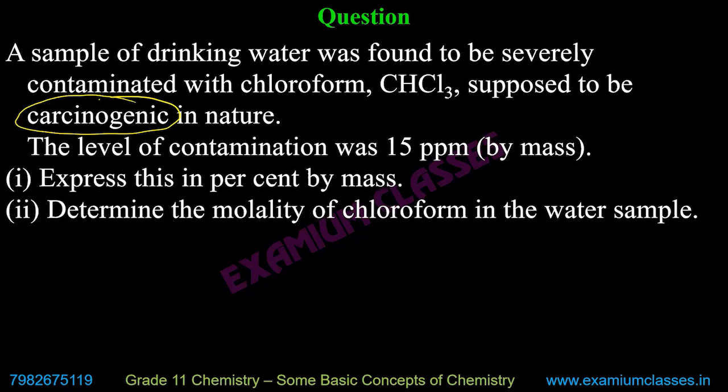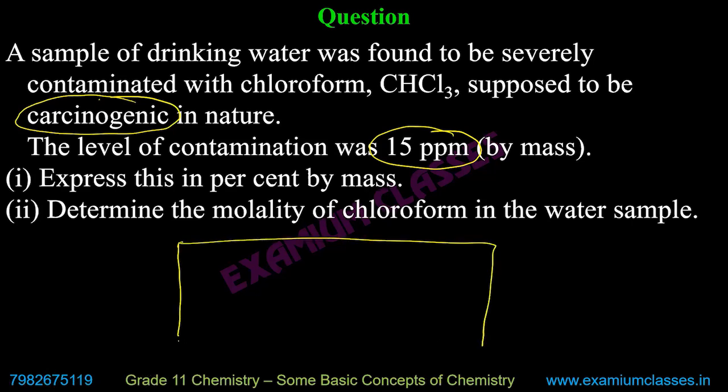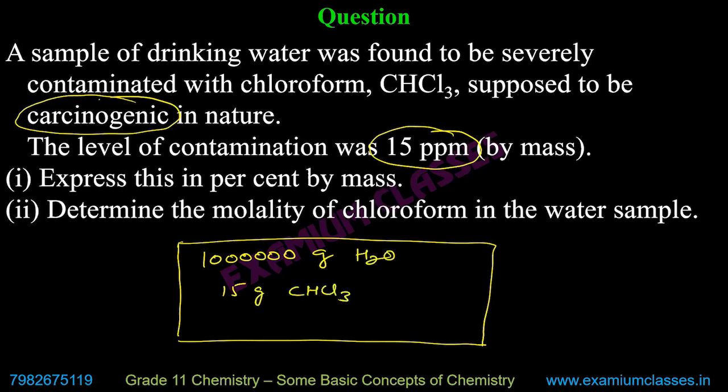The level of contamination was 15 ppm by mass. 15 parts per million by mass means if the whole solution, whole water, is 1 million grams, ppm by mass, okay? 1 million grams water will have 15 grams chloroform as impurity.